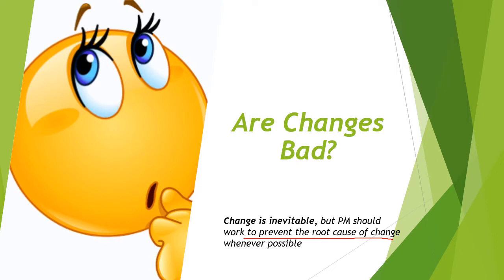This can be the reason that there are a lot of changes on the project. The need for changes may indicate that the project manager did not fully identify stakeholders or did not gather the requirements properly. So the project manager should always focus on preventing the root cause of change requests whenever possible.